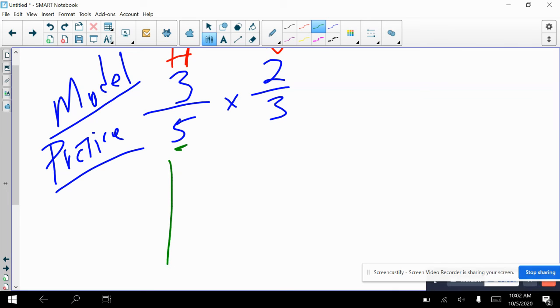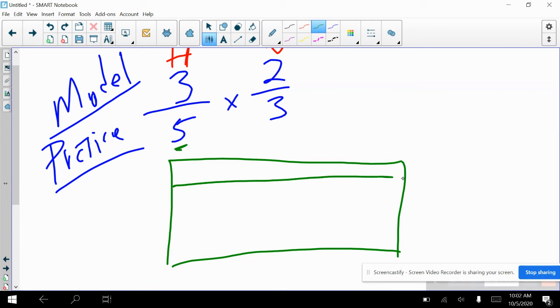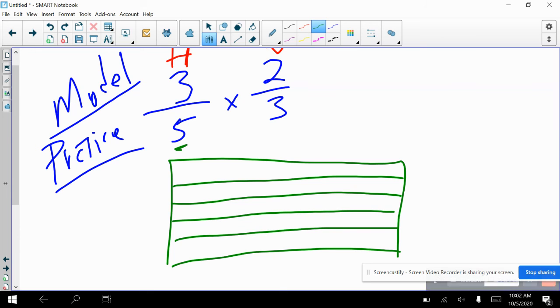Okay, so I have 1, 2, 3, 4, 5 rows that make up one whole because that's my horizontal fraction. Don't worry about the 3. We'll get there in a minute. Does that make sense? Remember, you told me last week that the bottom number is how many pieces make up a whole. That is absolutely correct.